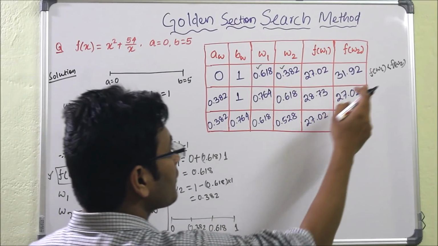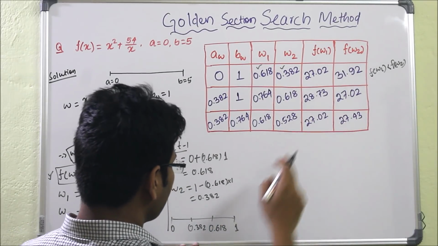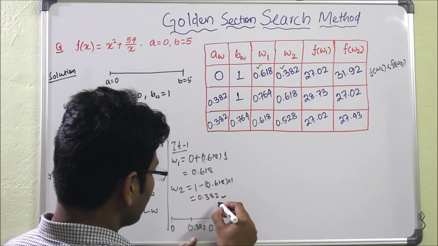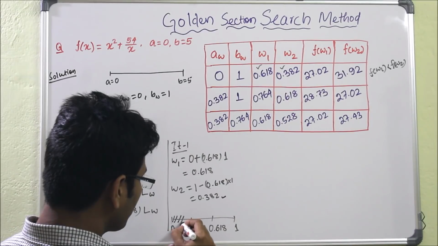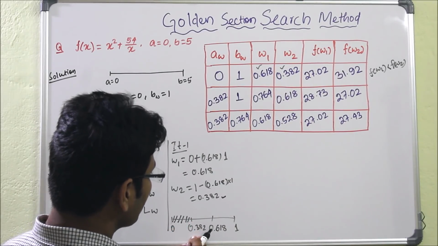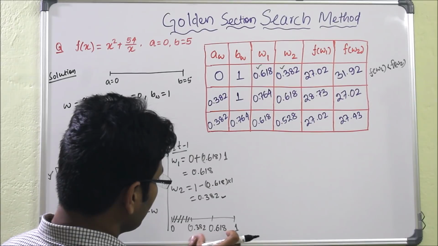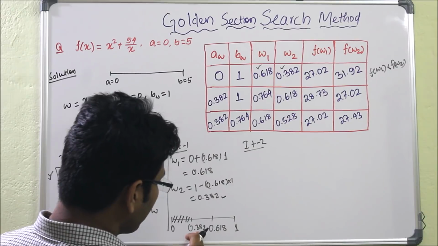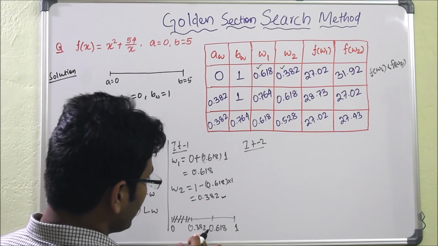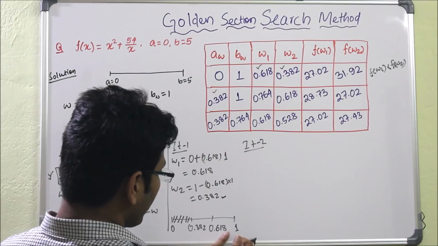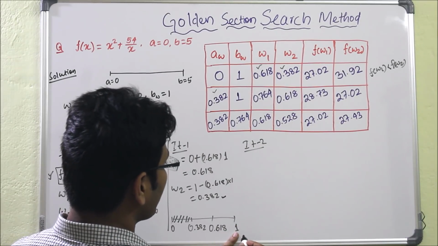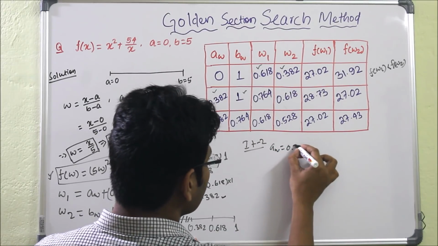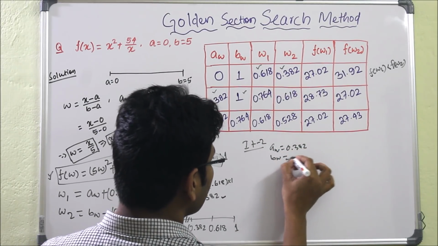That means at this x the function value is more, so we have to delete this portion. The portion left is 0.382 to 1. So for the next iteration, aw equals 0.382 and bw equals 1.